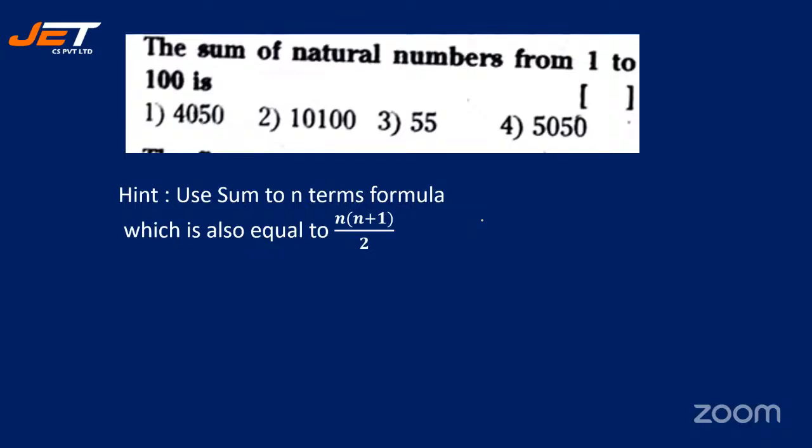The sum of natural numbers from 1 to 100 is dash.